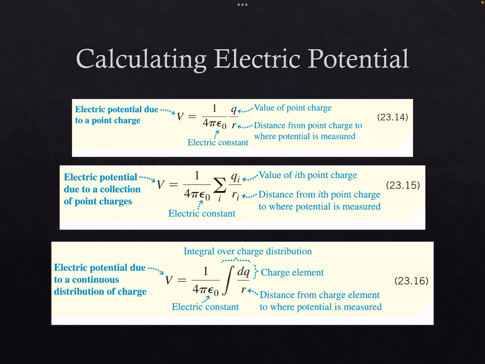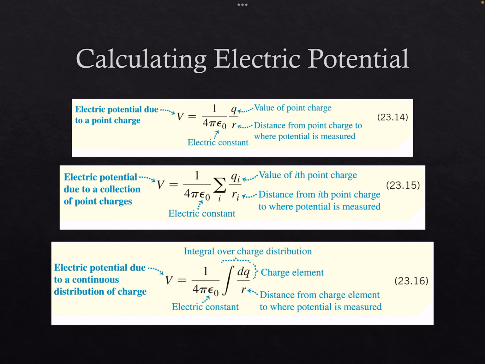So we can calculate electric potential in the same way that we were able to calculate the electric field, except now the denominator of that expression is simply R and not R squared.